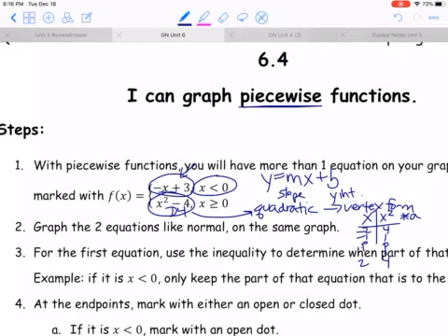And then after you have those on your graphs, it might look like a U shape and then a line. I'll do a different color here, like this. Once you have those on your graph, this piece right here, the inequality, tells you what piece you want to keep. So x less than 0 means you want the numbers smaller than 0.